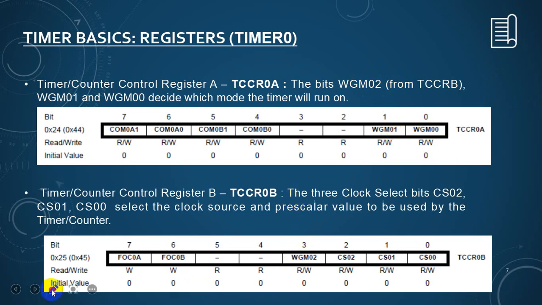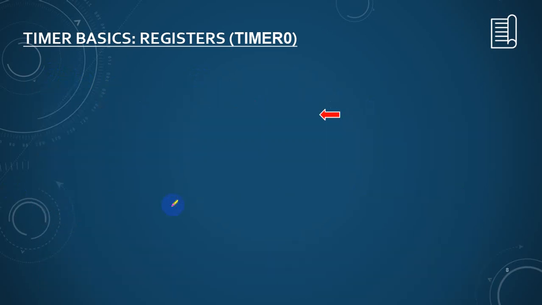Look at this bit, this bit and these 2 bits. They decide which mode the timer will run in.